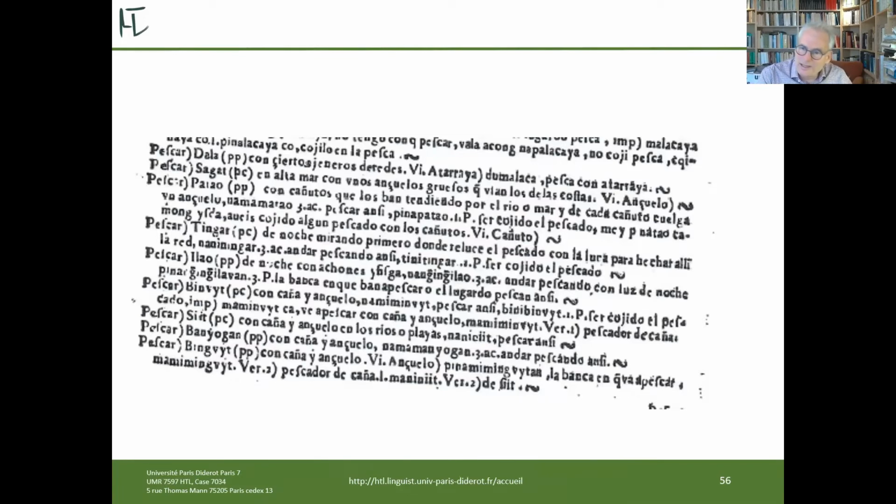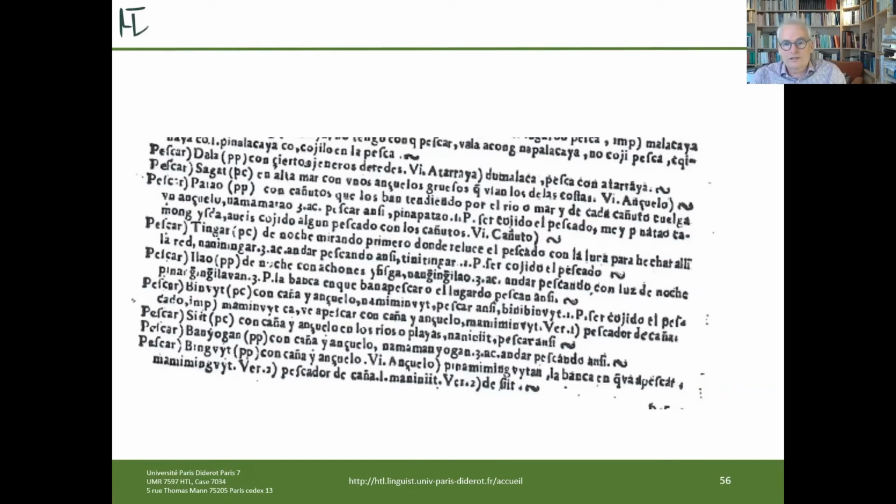In Molina's adaptation of Nebrija, you find most frequently one-to-one translations with equivalents, maybe one example, maybe a second comment. That is maybe a metaphor or something like that, but then it stops.